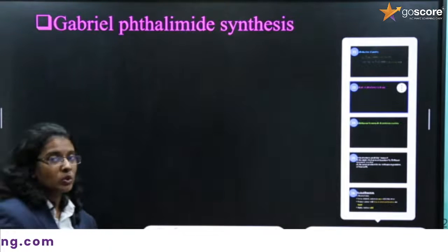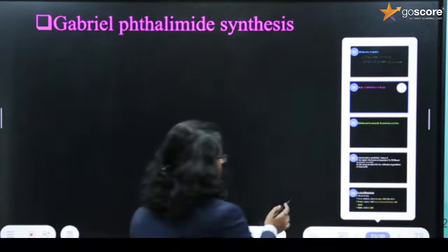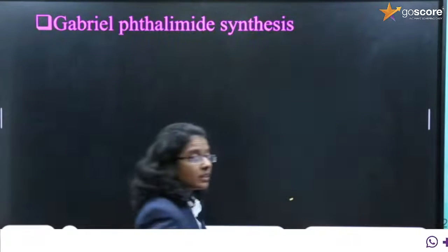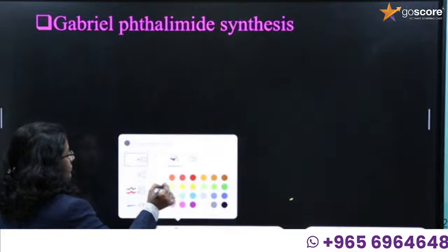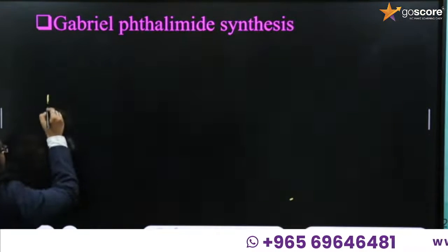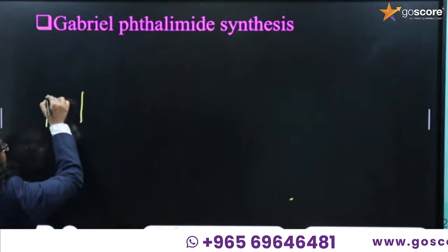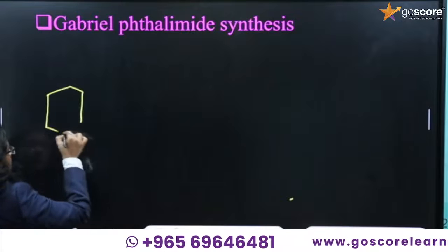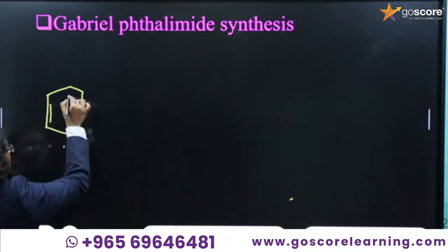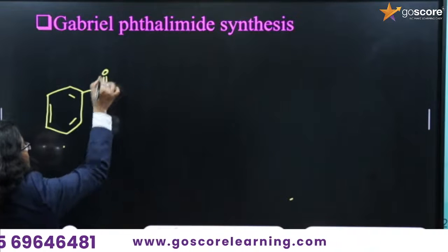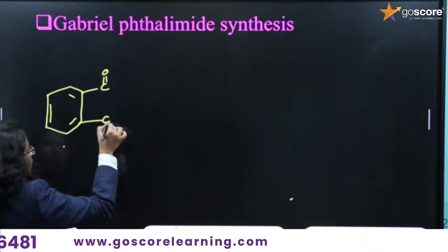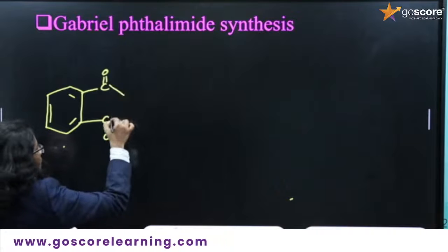Very, very important reaction. What is Gabriel phthalimide synthesis? Here, the phthalimide on reduction. What is phthalimide? This is phthalimide. C double bond O, NH.